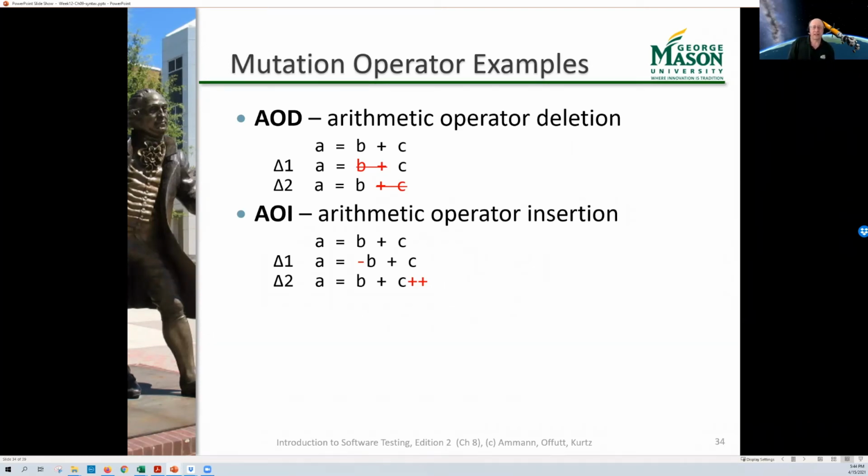Mutation tools tend not to do that, and so instead they tend to rely on unary operators. So we can insert a unary negation, or we can insert a pre-increment or a post-increment or a pre-decrement or a post-decrement, or we can insert a bitwise not. So those are unary operators that are pretty easy to insert.